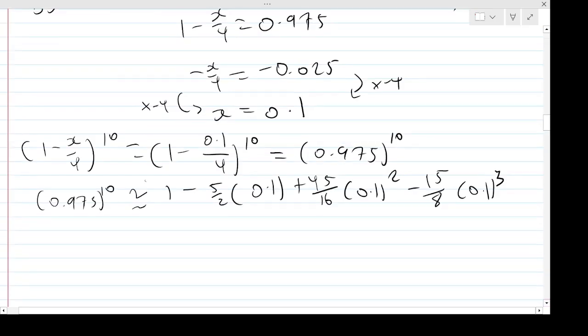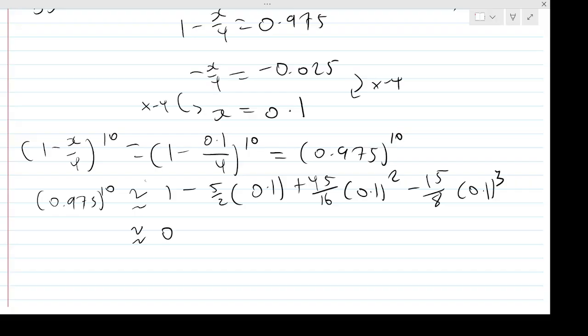So if I put all that in the calculator, 1 minus 5 over 2, 0.1 plus 45 over 16 of 0.1 squared, minus 15 over 8 of 0.1 cubed.